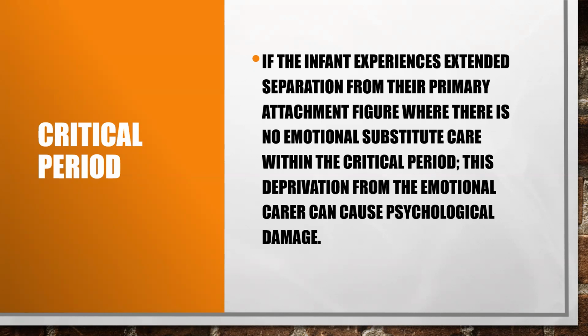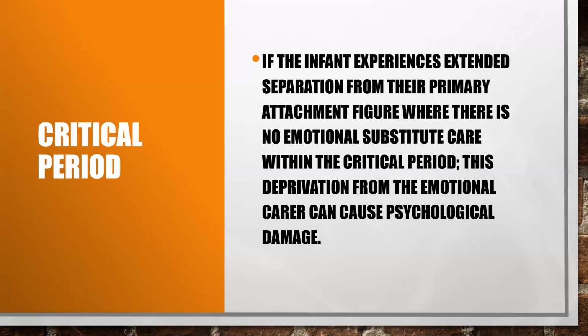Because remember, what is an attachment? An attachment is an emotional bond between two individuals. It's a two-way process between the infant and its primary caregiver. And if we go on to define attachment, it states that each other is essential for their emotional development.